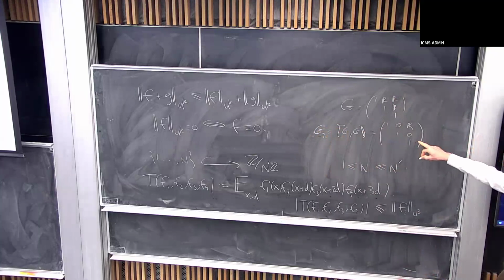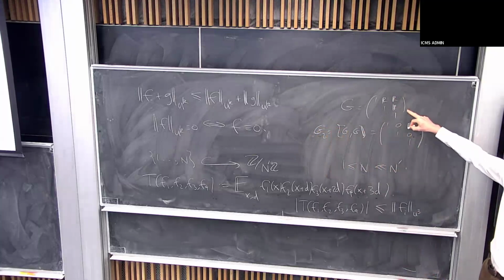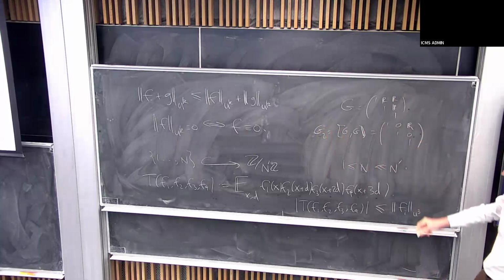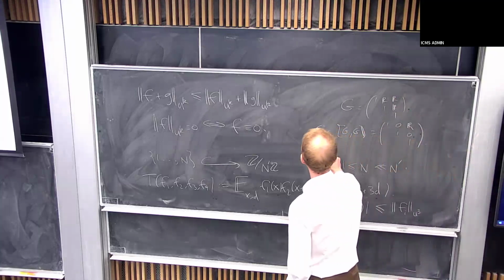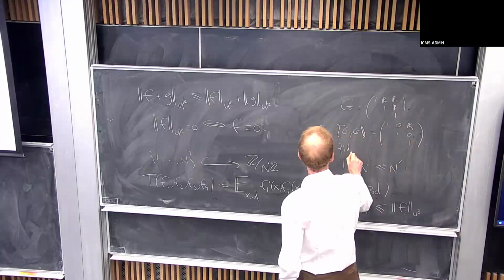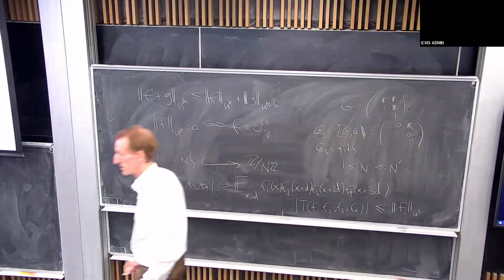So you get things with zeros just above the diagonal, and this is central in G. If you commutate again, you get just the identity. That's two-step nilpotent.